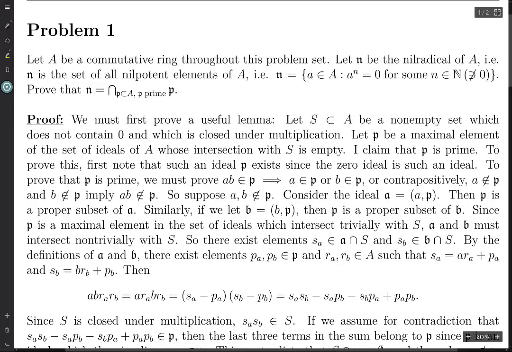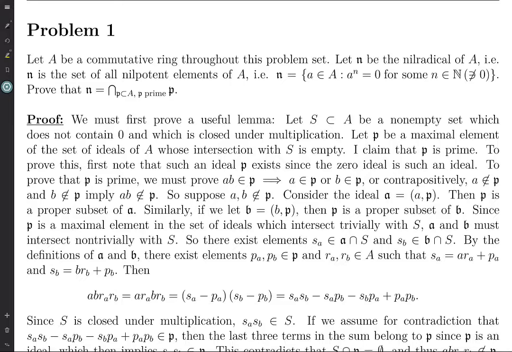And of course, we have a maximal element because you might have to go through another Zorn's lemma argument here.